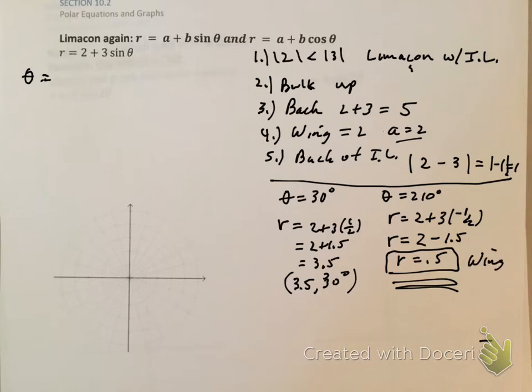If this was a negative number, then you found a point that was on the inner loop, if this was a negative 0.5. But it's not. So again, I just want to make sure you hear me right. If you plug in this number and you get a positive, it's on the wing. If you get a negative, it's on the inner loop. Now, it's not an inner loop, so I'm going to erase that. But you need to notice that. It's not a big secret. It still goes back to all that stuff we did in trig, the first 4 quizzes.